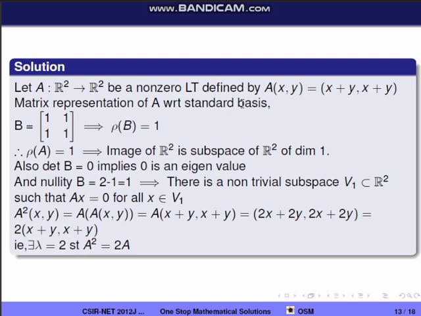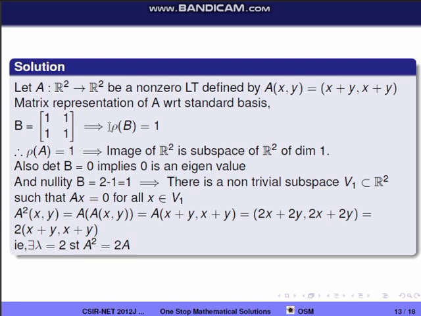So now I am writing the matrix representation of A with respect to the standard basis. Since the matrix representation is with the standard basis, the first column is the coefficients of x and the second column will be the coefficients of y. So we will get B is equal to [1 1; 1 1]. B is just the notation for the matrix representation.